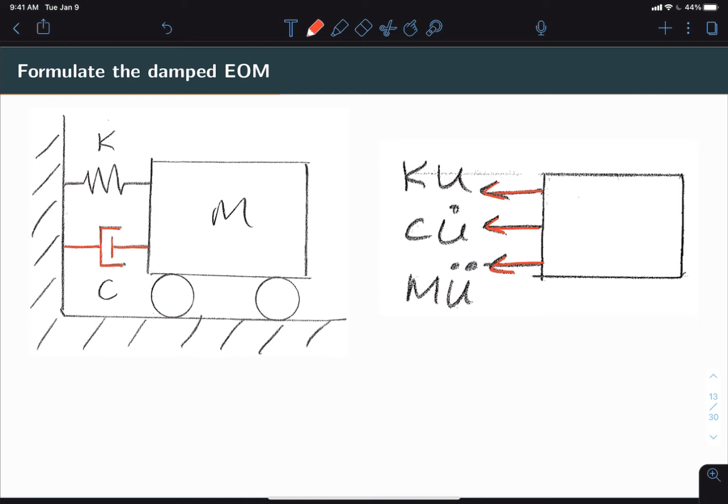Notice that just like the other two forces, the force due to damping acts in the opposite direction of velocity. So in the end, our equation of motion comes out to M times U double dot plus C times U dot plus K times U. And for free vibration, that's going to be equal to 0.